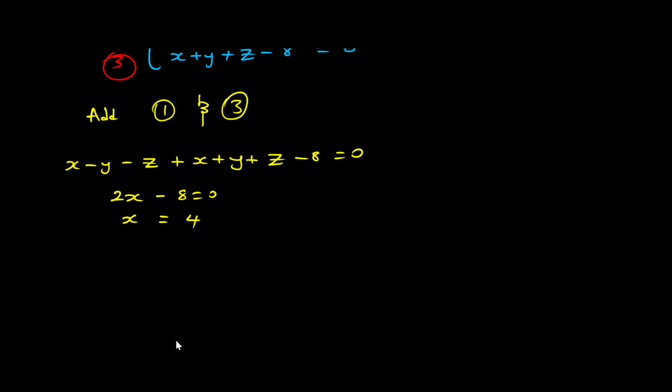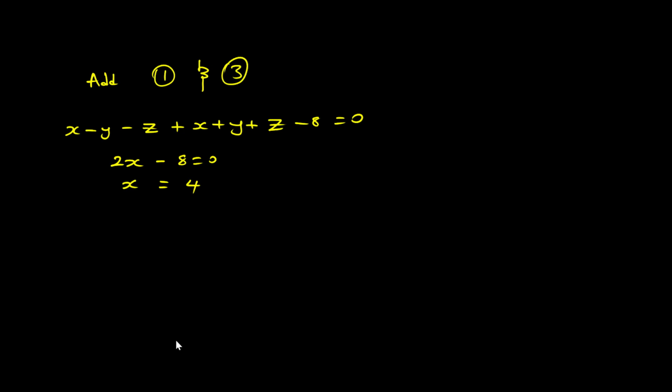And when x is equal to 4, we could actually plug that into the original equations and get rid of the x values. So in doing that, we would now be left with two different equations.